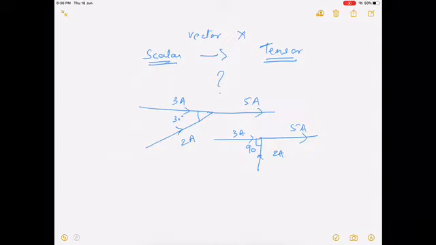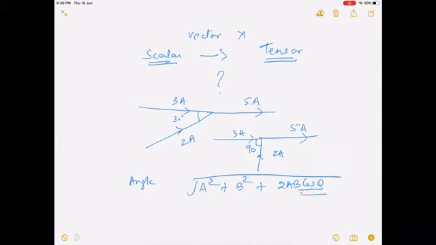Remember, children, in class 11th you must have studied the parallelogram law of vector addition, the triangle law of vector addition, and the polygon law of vector addition. In all these cases, we have seen that when vectors are added, the angle is considered. The resultant of two vectors comes out to be the square root of a square plus b square plus 2ab cos theta. It depends upon the angle.